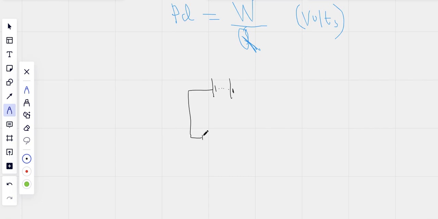We've drawn the various circuit components in our previous class. So this is resistor 1, and we have another resistor in this circuit. So we have two resistors.